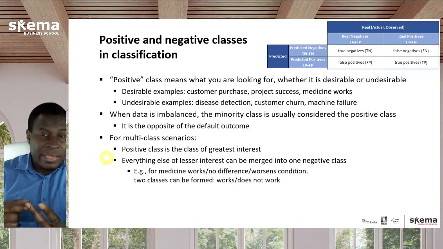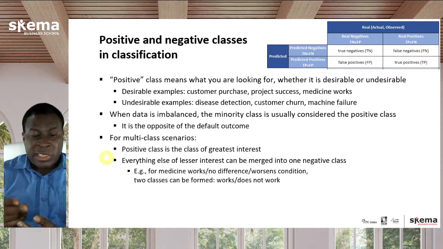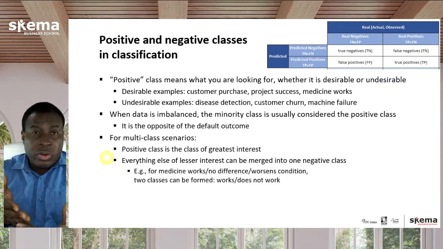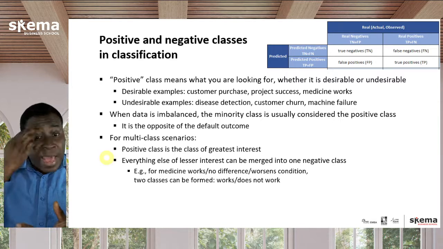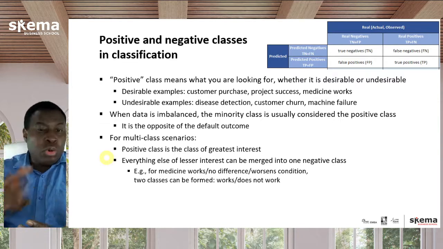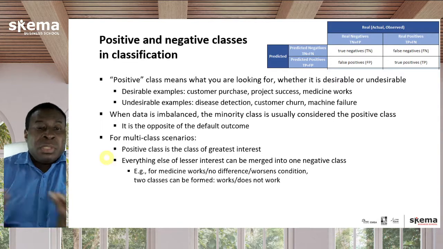Those are three classes. In these cases, you're most interested in whether the medicine works or not. So that the medicine works is your positive class. And you could group the other two, no difference or worsened condition, into one class, which becomes it does not work.